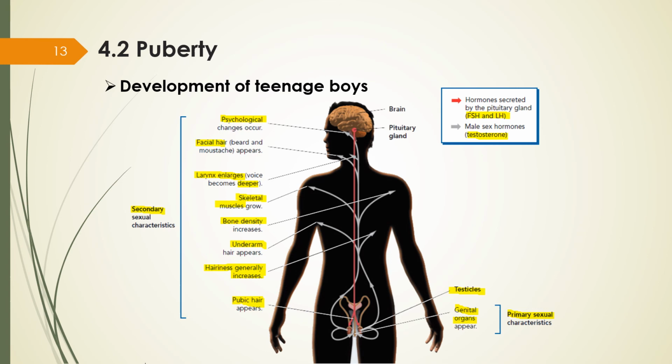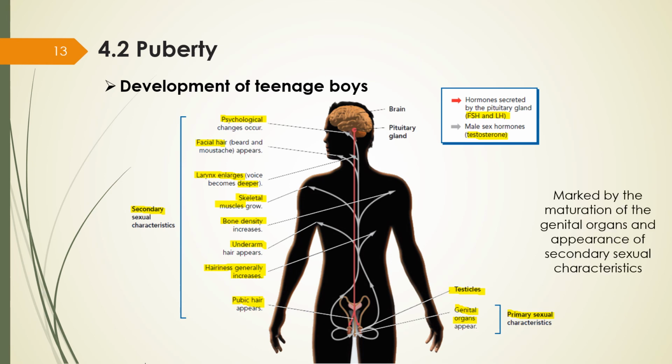Psychological change, facial hair, the larynx making your voice deeper, skeletal muscles, bone density, underarm hair, hairiness generally increasing so you have more hair on your body, and pubic hair as well. So for men, puberty is marked by the maturation of the genital organs and the appearance of secondary sexual characters.